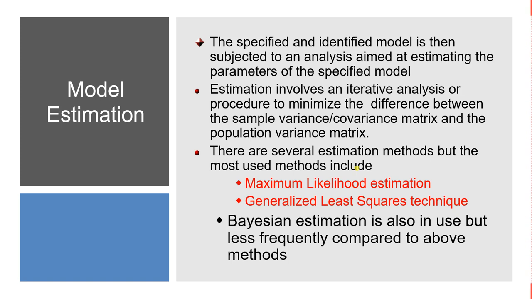Nowadays, Bayesian statistics is becoming popular in research, so Bayesian estimation can also be done, and many software, even AMOS, provides opportunity for Bayesian estimation of the parameters. So, using one of these methods, after identifying the model, we will estimate the parameters.